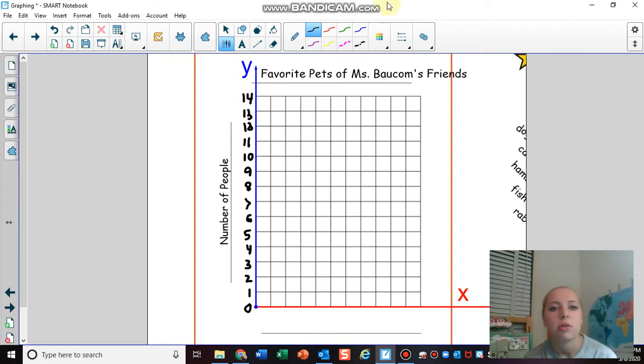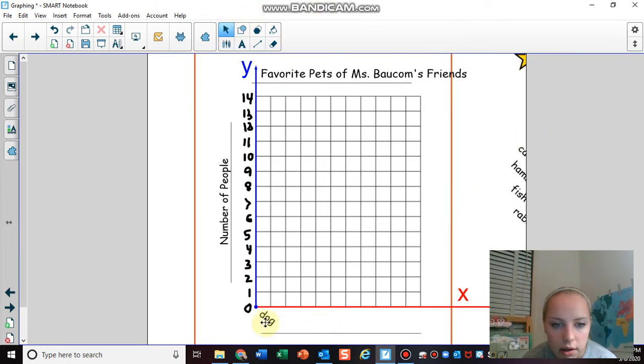Now that we have our numbers along the y-axis, we are going to put our categories along the x-axis: dog, cat, hamster, fish, and rabbit.